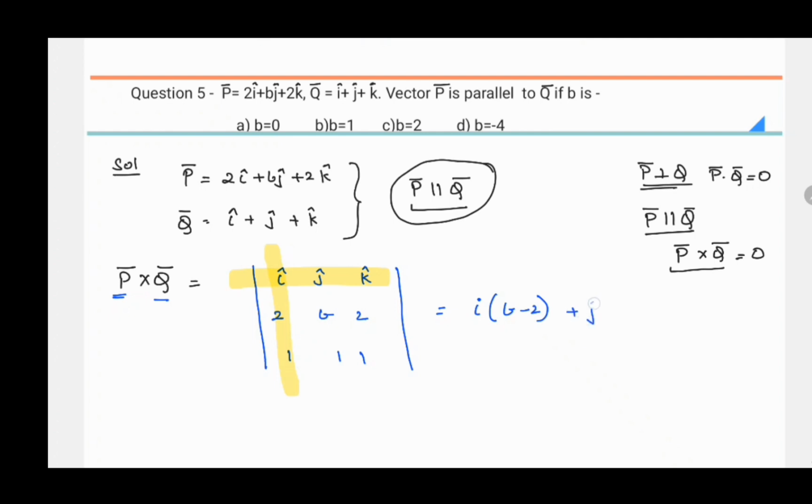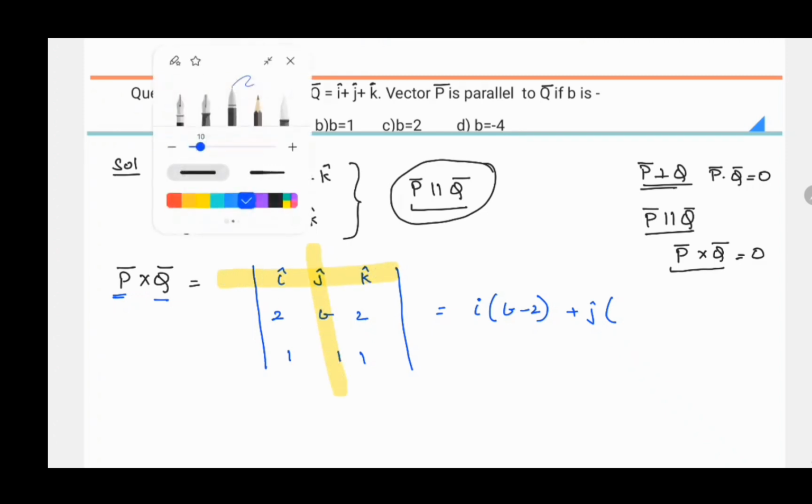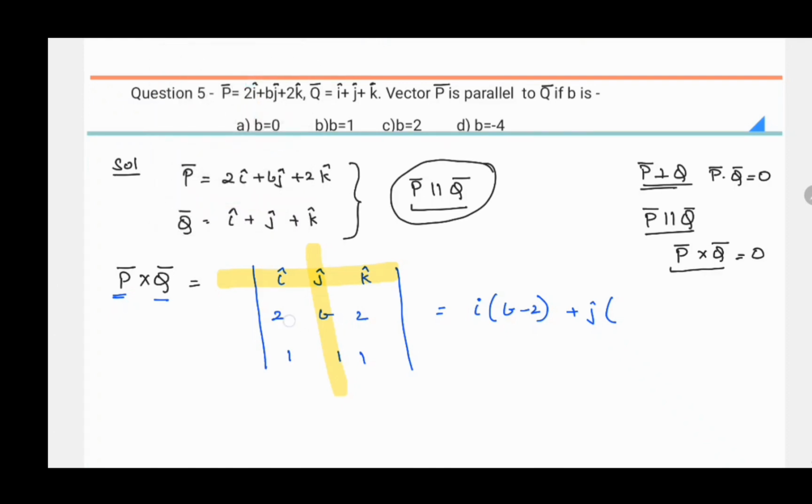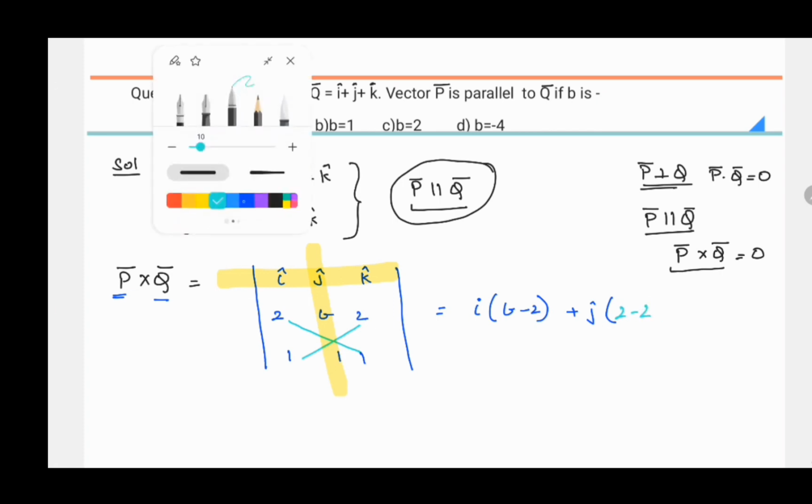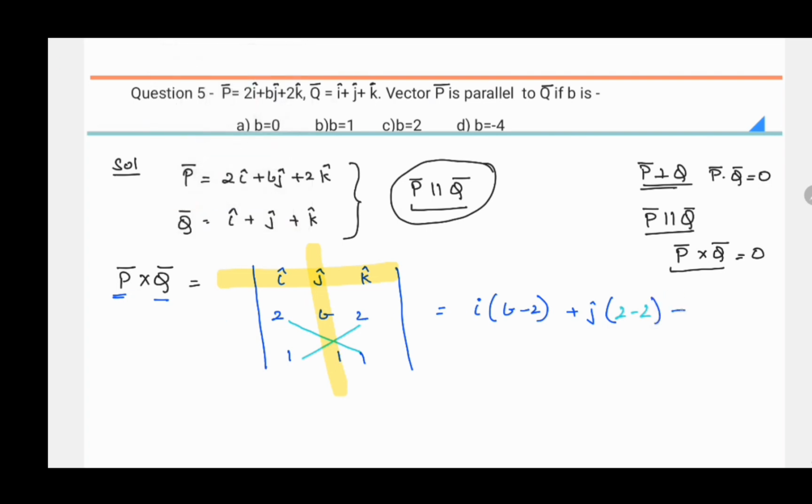Similarly, for the j term, how to write? Leave these two lines, multiply this and subtract this. You will get 2 minus 2, which will be equal to 0. Then the k term. How to write the k term?